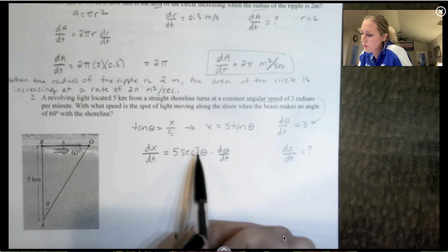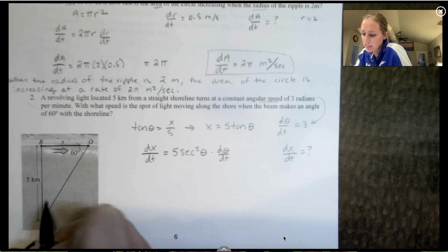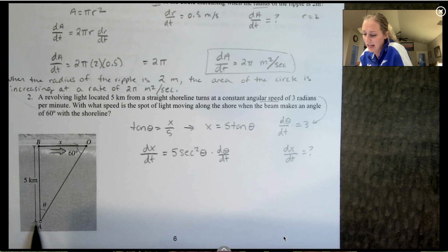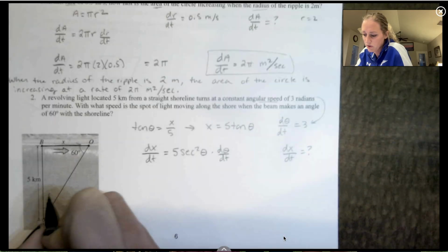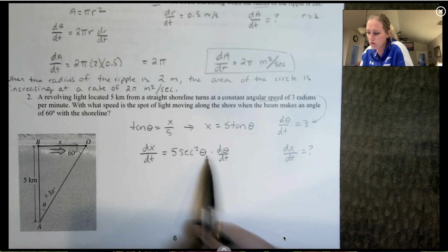All right, so let's plug in what we know. If you look at this picture, this is 60 degrees, but this revolving light is out here. So this angle is 30 degrees when this one is 60, in a 30-60-90 triangle. So that's the angle I'm going to use here.